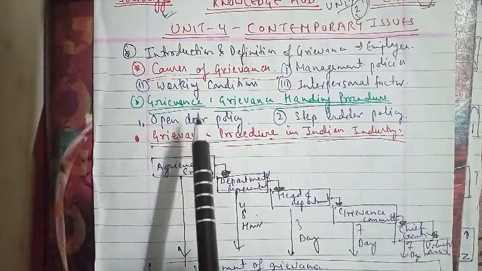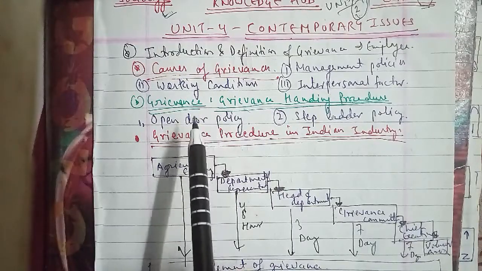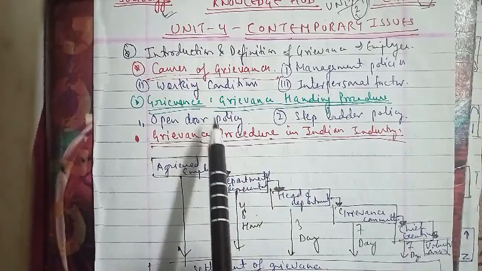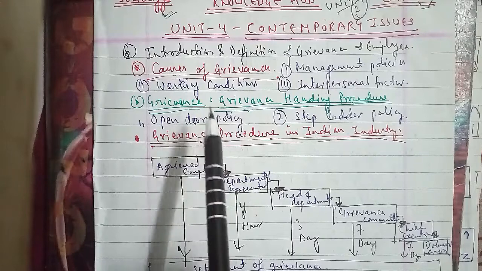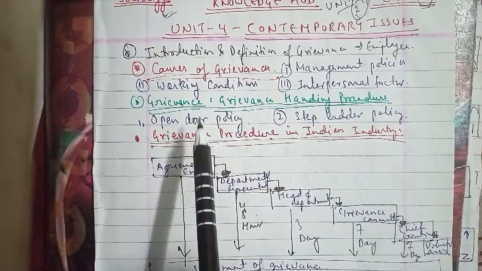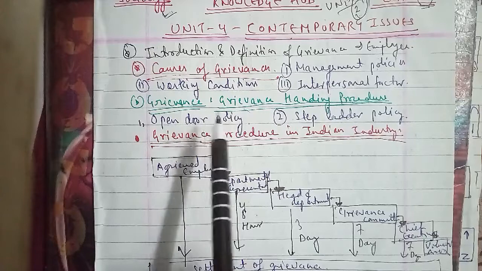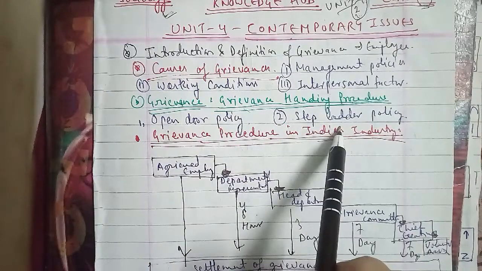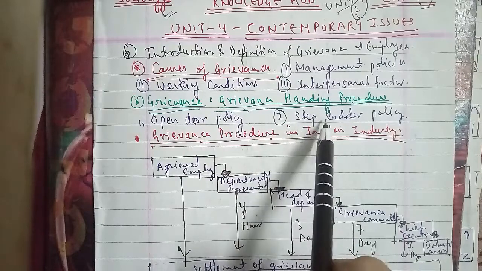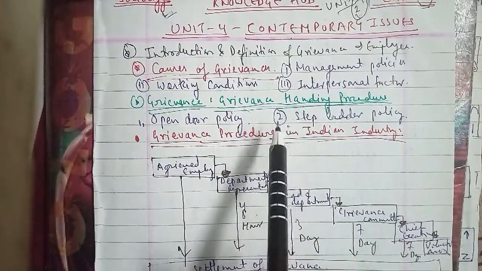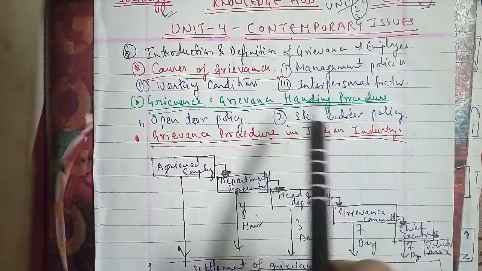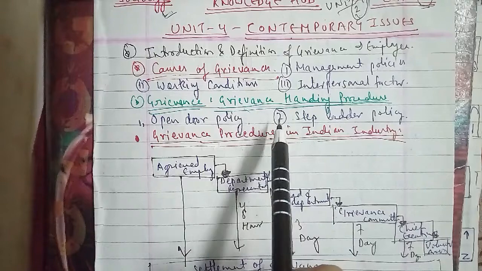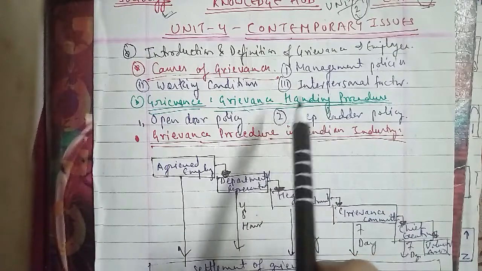The second is the step ladder policy. Under this policy, the aggrieved employee has to follow a step-by-step procedure for getting his grievance redressed. Whenever an employee is confronted with a grievance, he presents his problem to his immediate supervisor. If the employee is not satisfied with the superior's decision, he discusses his grievance with the departmental head, and the departmental head discusses the problem with the joint grievance committee to find a solution.